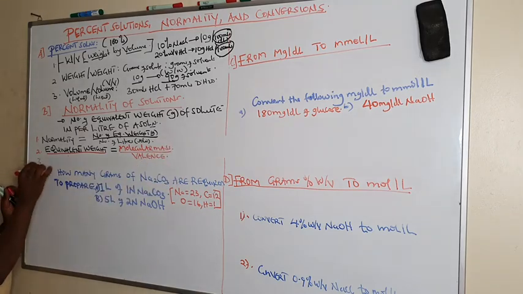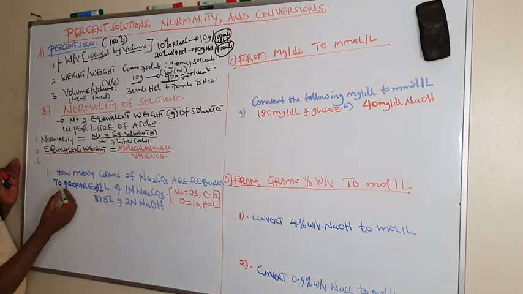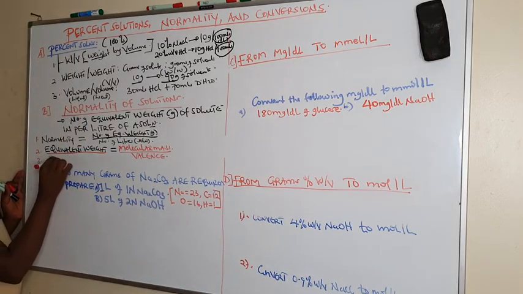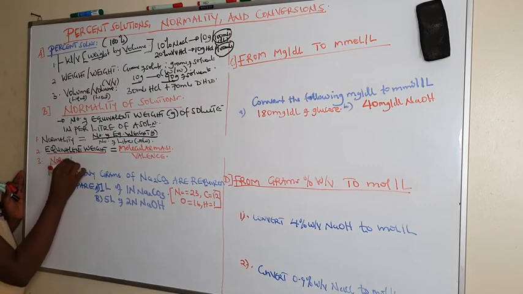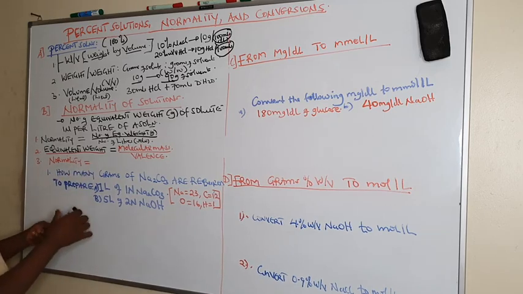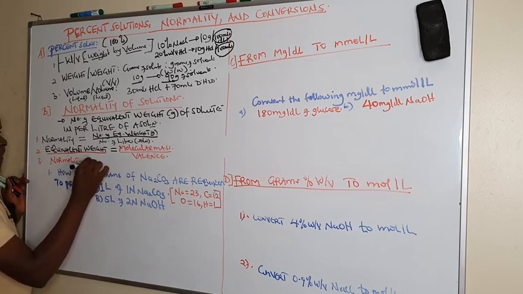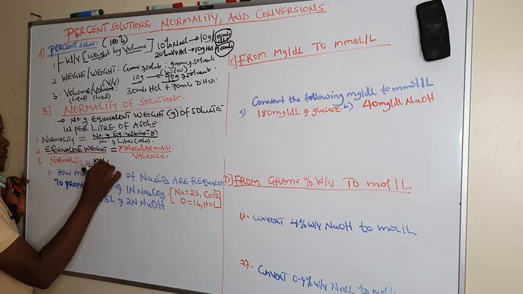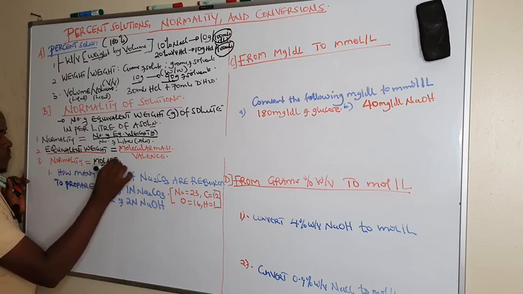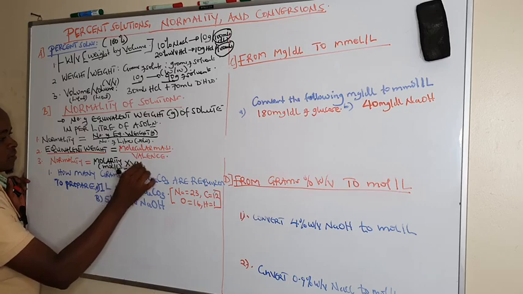Then lastly, if you want to convert molarity to normality, you are going to say that normality is the same as molarity, whereby we say the molarity is the same as mole per liter, times valence.